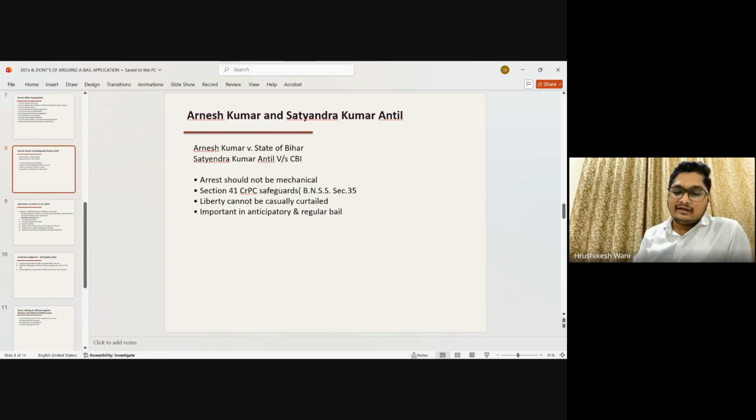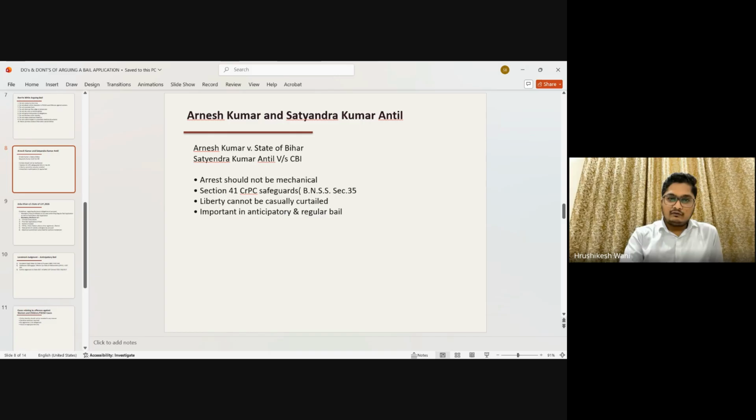Then when the investigation is completed and the charge sheet is filed, there is no reason for the court to have the doubt that the accused may tamper with the evidence or pressurize the statements of the witnesses. All of these arguments you can form if such a theory is brought before you while you argue a bail application, that the filing of a charge sheet is not a change in circumstance.